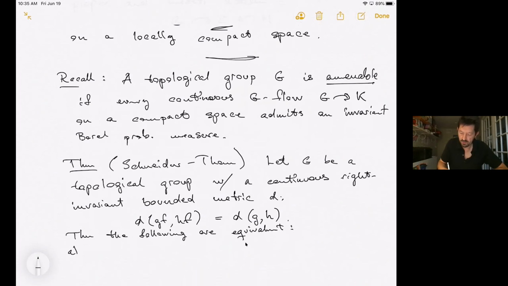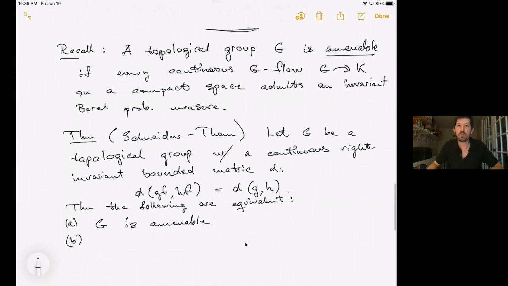So G is amenable, and then we'll find the appropriate isoperimetric reformulation of amenability.